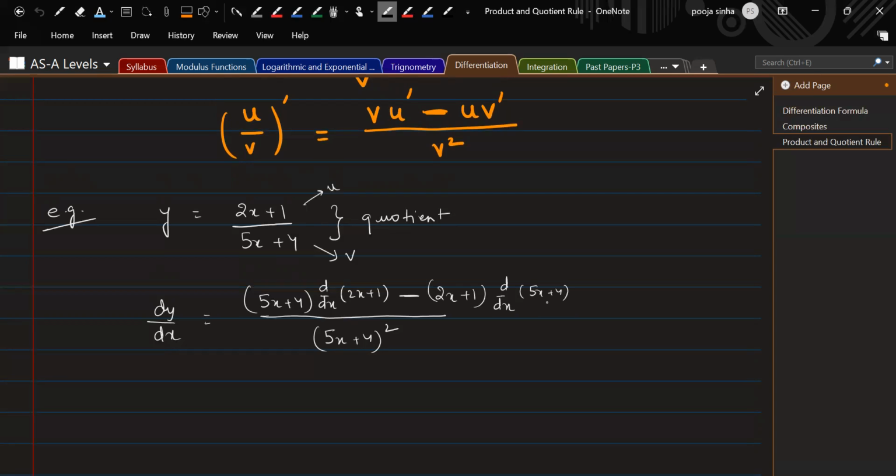Do I have to open the brackets in the numerator? After doing the whole thing, yes. ठीक है?